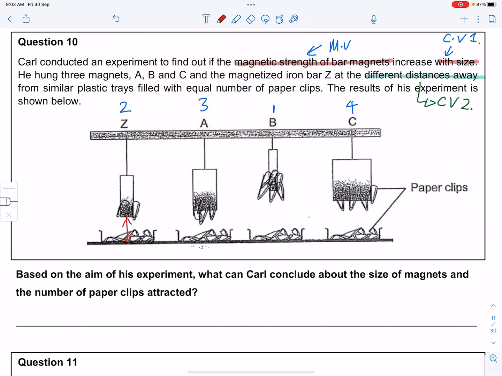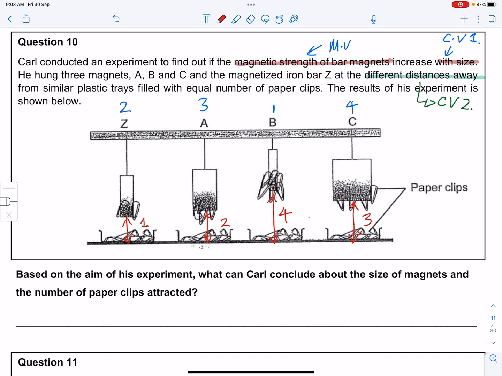If we take a look at the distance of all the magnets, the one that is the shortest distance between the magnet and your paper clips would be Z, followed by A, and then after that you have C, and then B is the greatest distance.